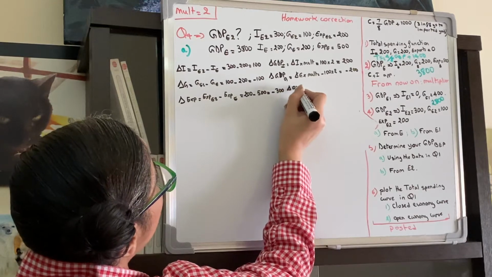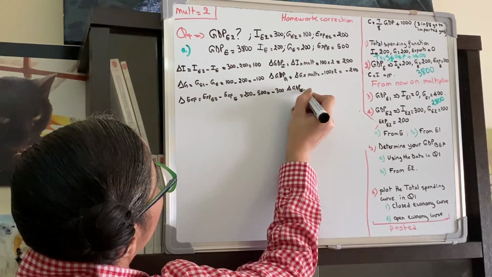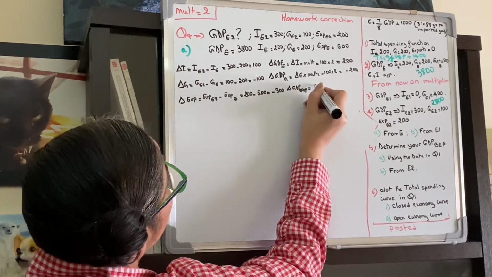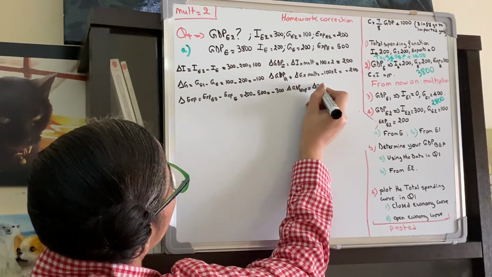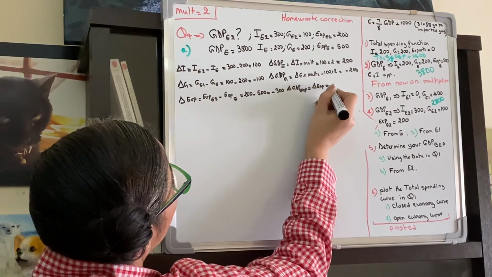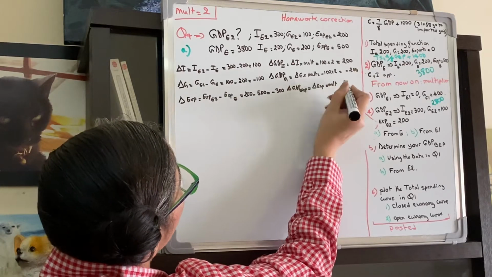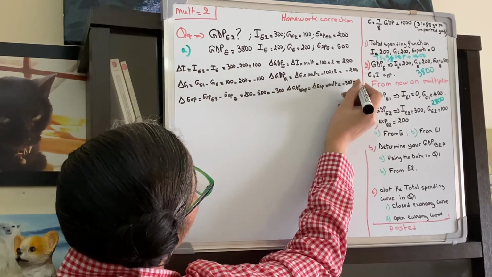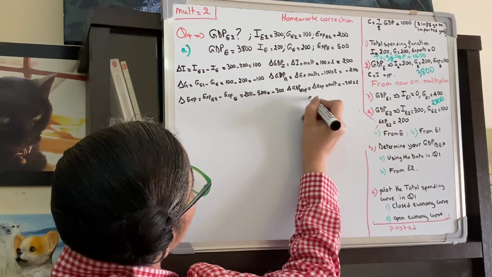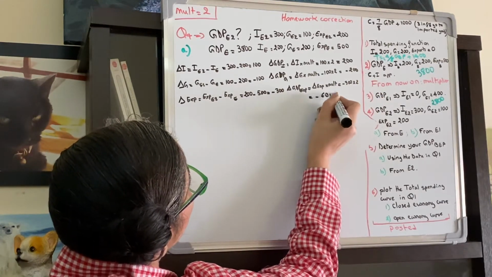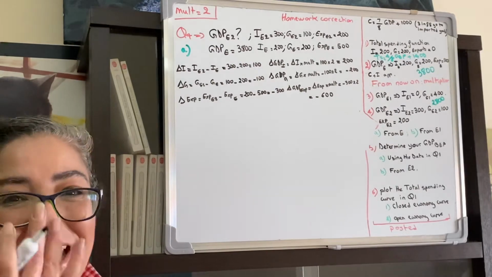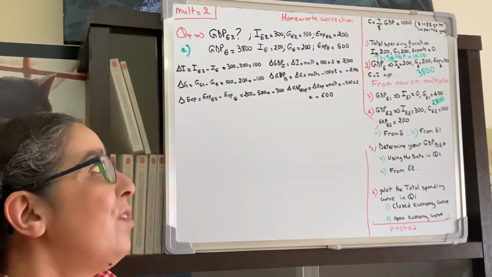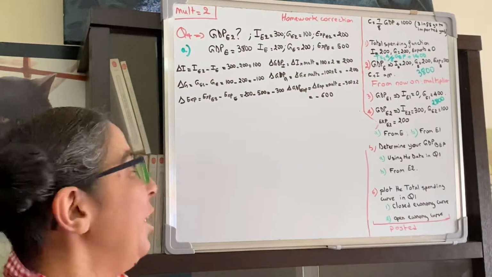So delta GDP due to exports is delta exports times the multiplier, which is equal to negative 300 by 2, which is equal to negative 600. Okay, guys? So now I'm going to calculate my new GDP.